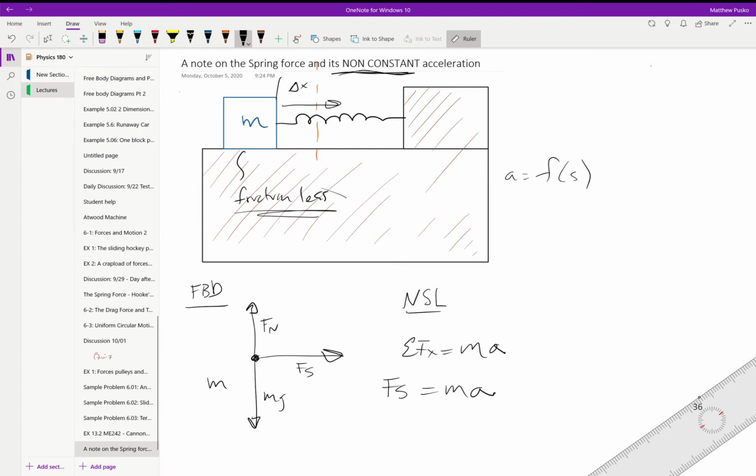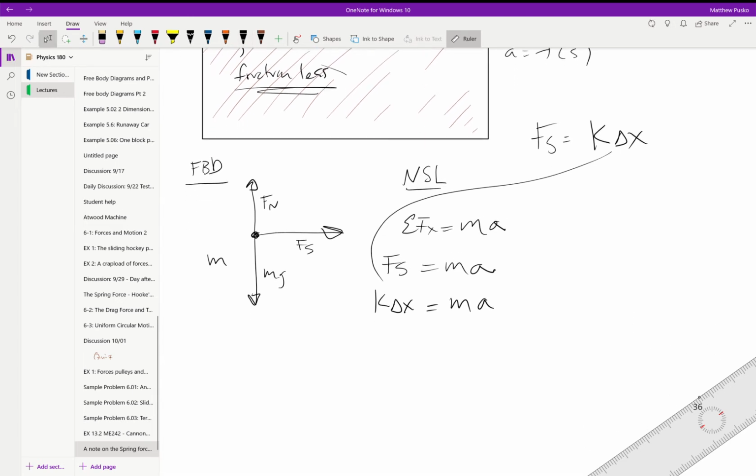The spring force, we have a definition for it as the constant times the displacement. Go ahead and substitute that in here, and that equals the mass times the acceleration.